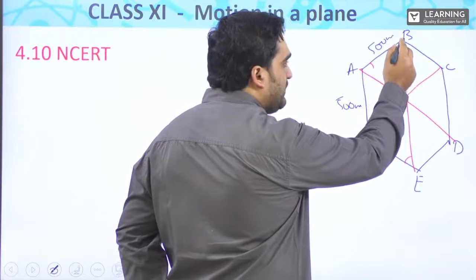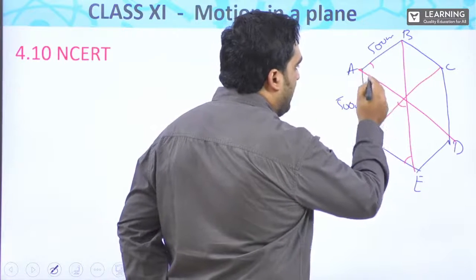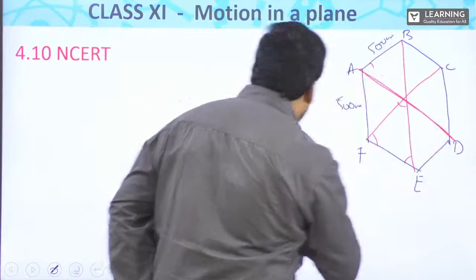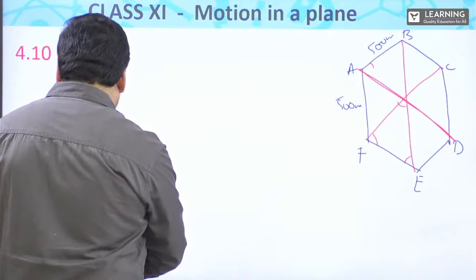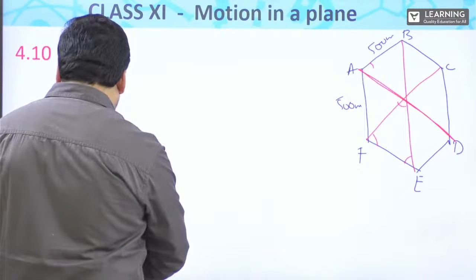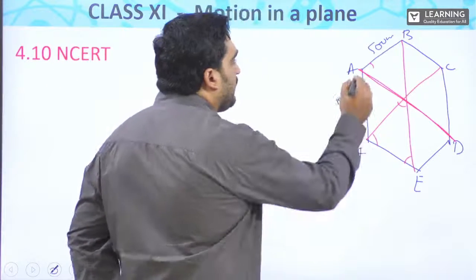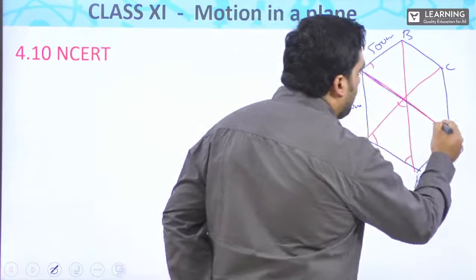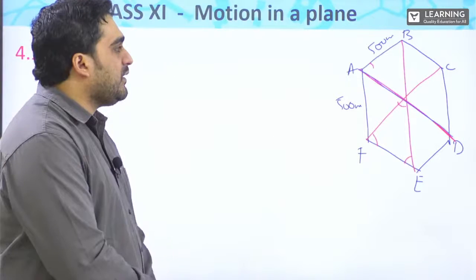That will be the first turn, second turn, and the third turn. So A to D. What is the displacement between A to D?